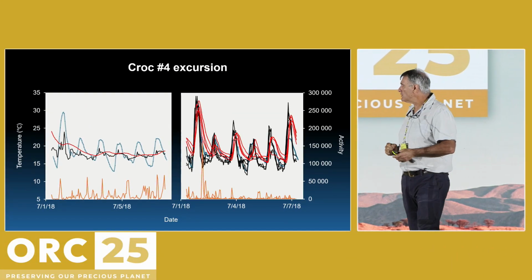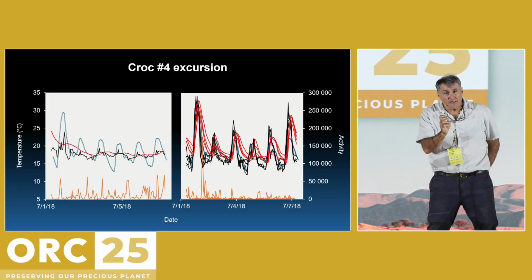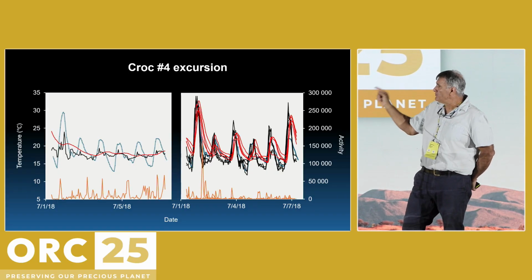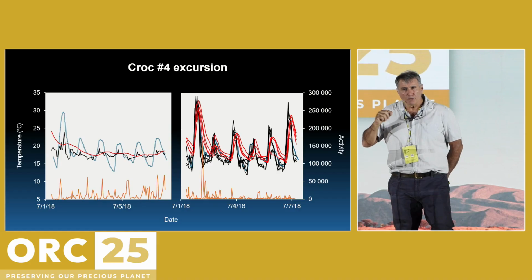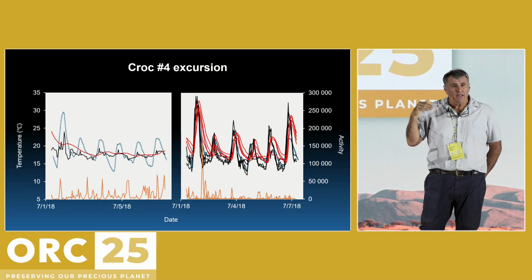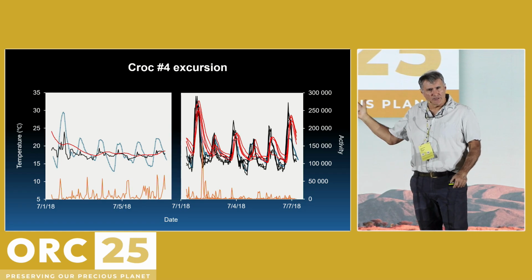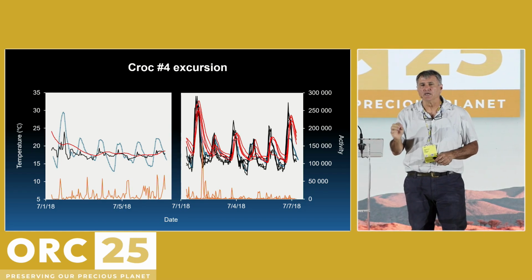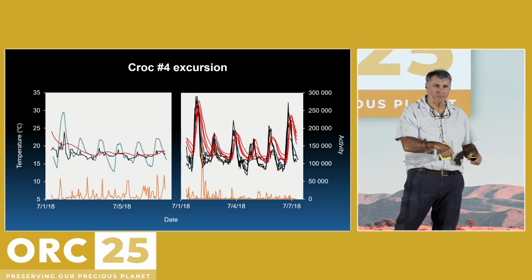But one crocodile, number 4, at exactly the same time, this is in the depth of winter. This crocodile, if you look at the black trace, never exceeds really, at least not during the day, the air temperature, which is in blue. This tells us that the crocodile was not basking. If it's not basking, it's in the water.